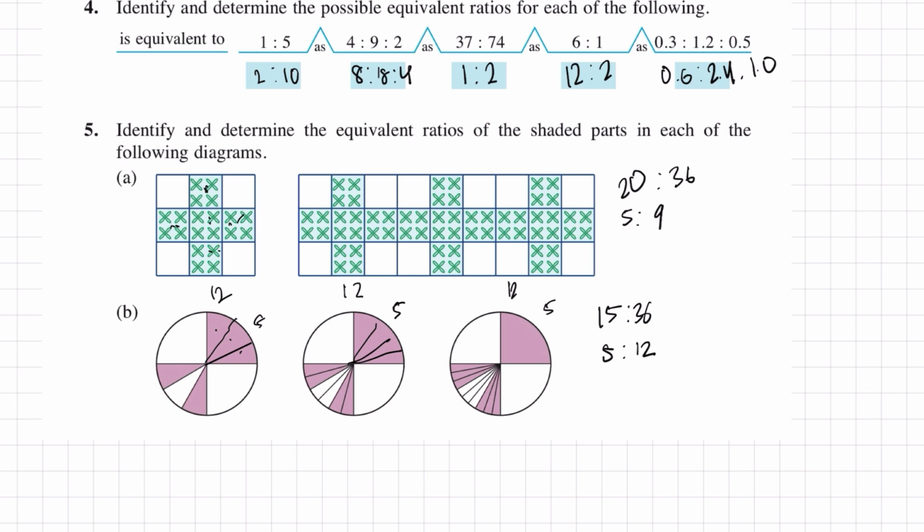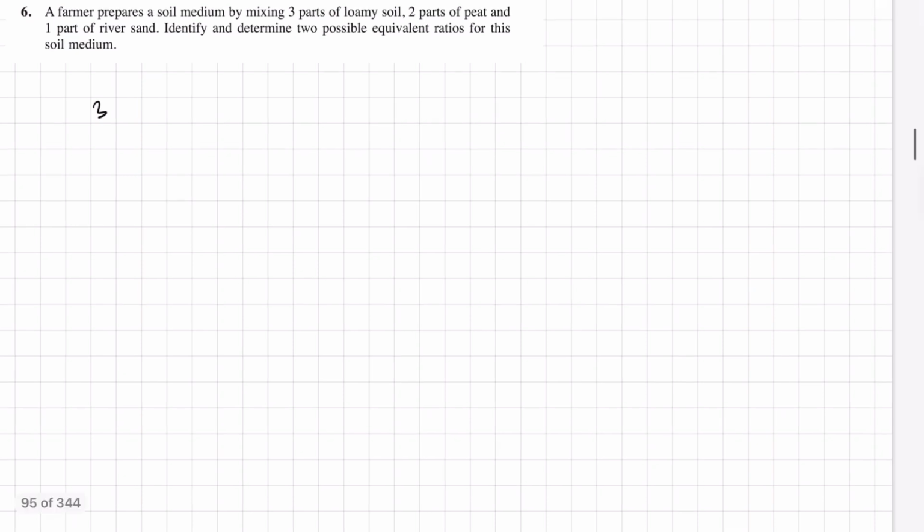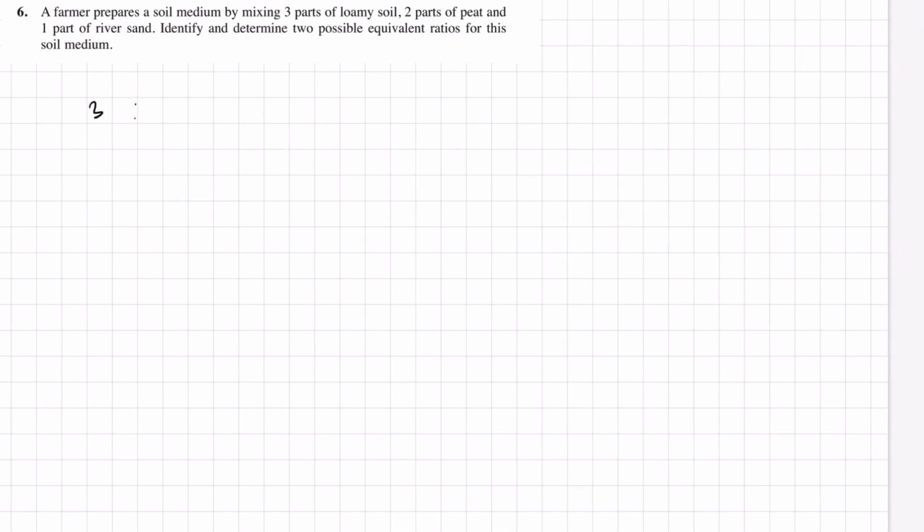This is how you do it. Number 6 wants us to write equivalent ratio as given in the question. So this is 3 loamy soil, 2 peat, and 1 river sand. Just as I said, you can times all of the ratio by 2 or by 3.